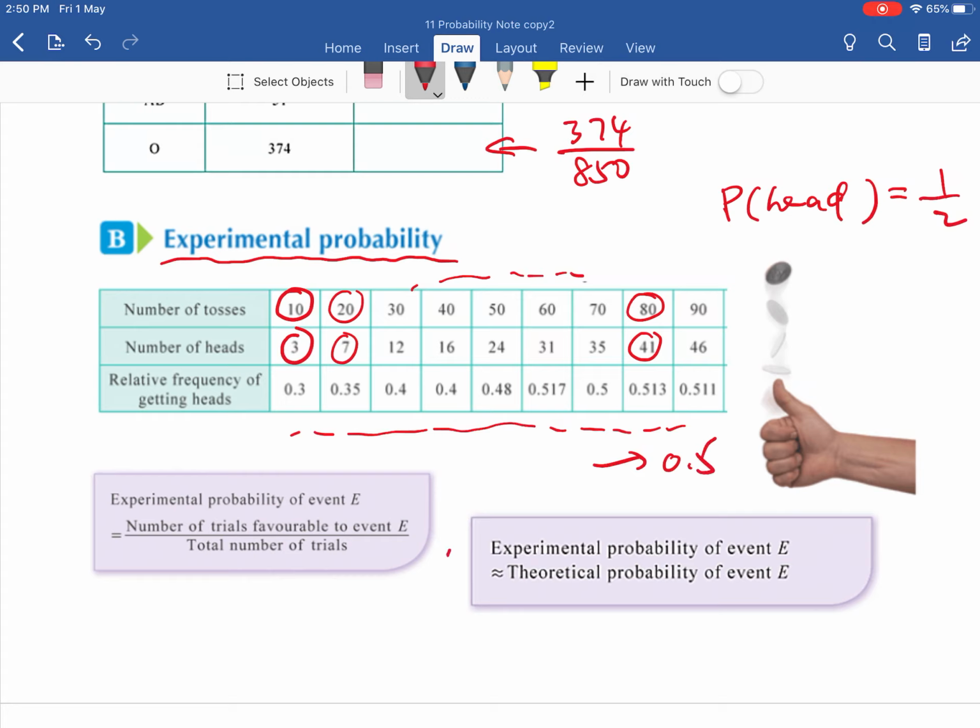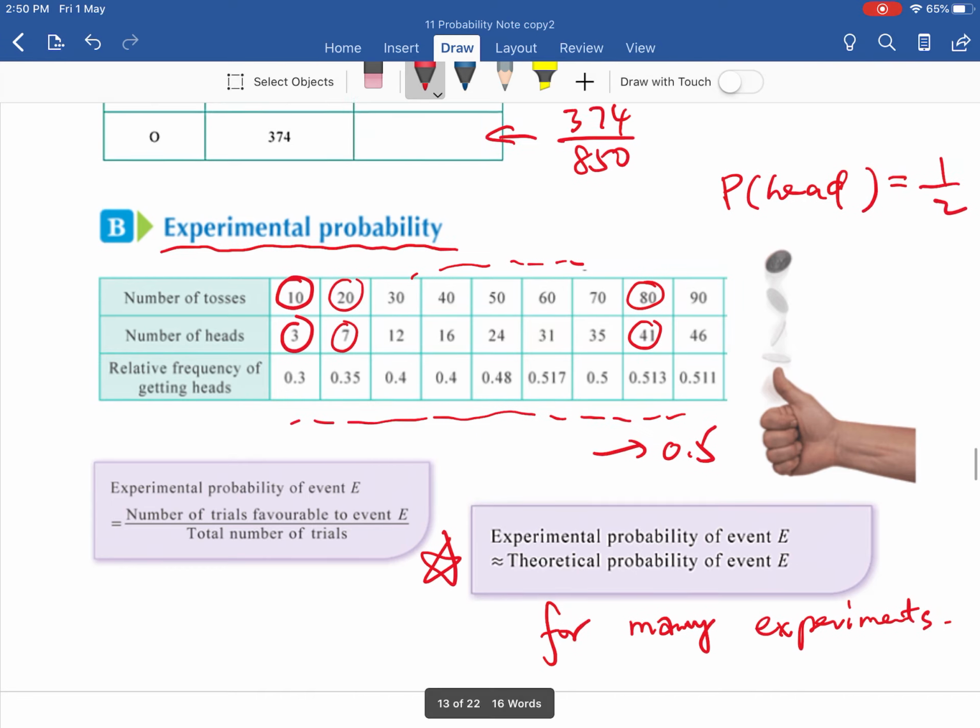This is because there's a theorem telling us that experimental probability is actually very, very close to theoretical probability for taking many experiments, okay? For taking many experiments, you see that experimental probability is very close to theoretical probability.